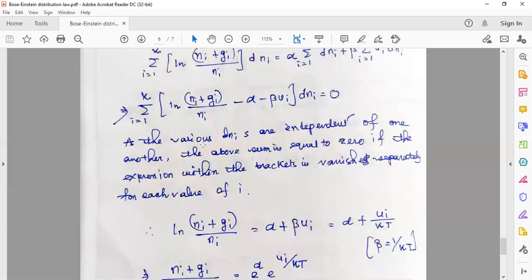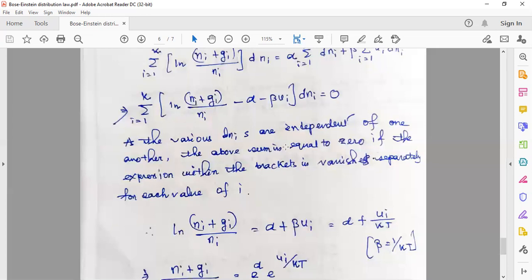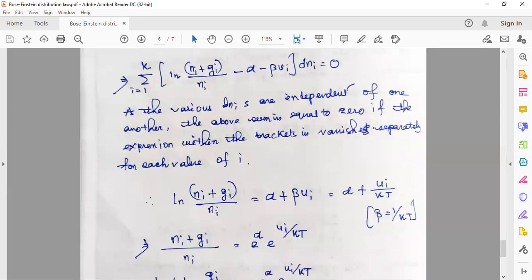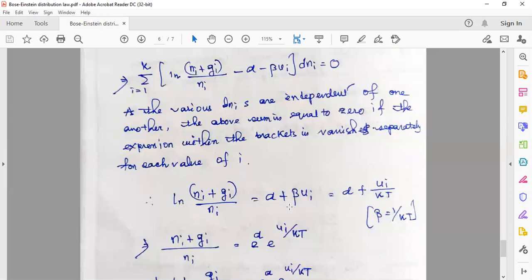So this term has been made equal to 0. Okay. So if from this equation this term is made equal to 0, how can we write it? We can write this logarithm of ni plus gi over ni equal to alpha plus beta ui. Okay.